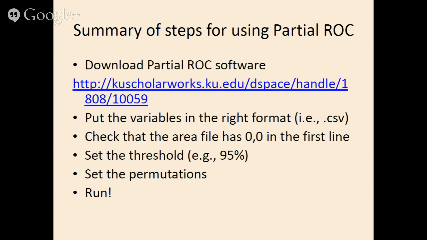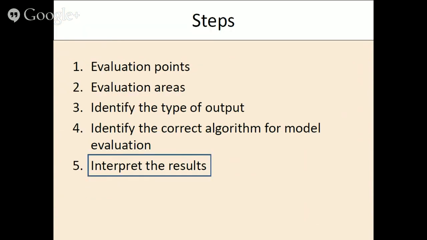So in summary, you can follow these steps in the software: choose the right format to feed the software, establish the threshold, and choose the number of times you want to do that, because you can choose a set of permutations without replacement to capture the variability in your prediction.